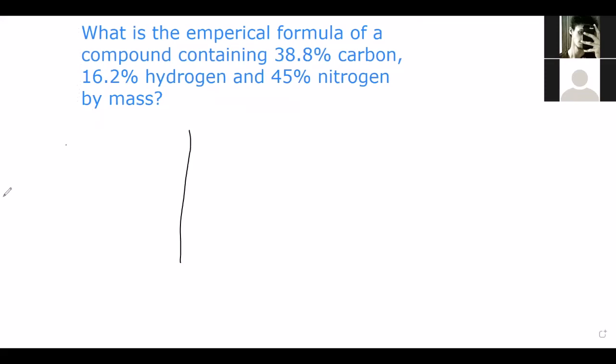We'll make 3 columns, one for carbon, one for hydrogen, and one for nitrogen. So we have to divide the given percentage by the AR of the element.